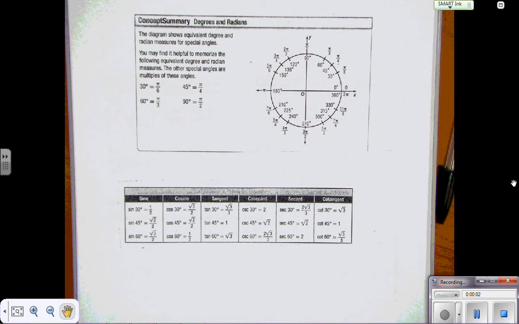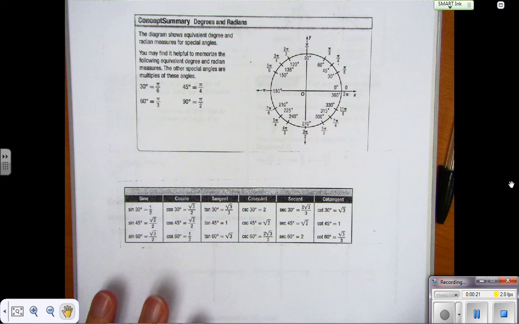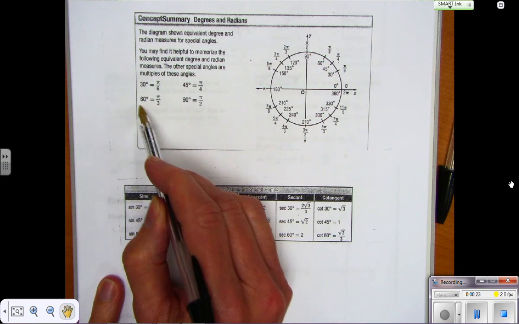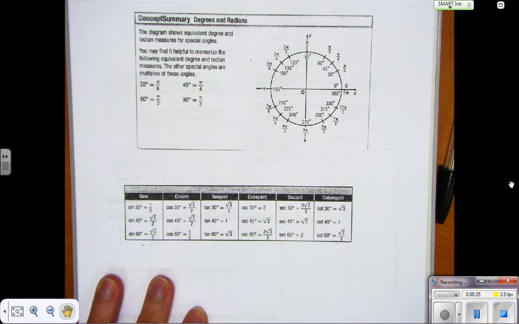So let's start out looking at the reference sheet that I gave you with the unit circle on it and the table of sine, cosine, tangent ratios. The diagram shows equivalent degrees and radian measures for special angles that you're going to be using a lot in trig. The ones you'll use the most are 30, 45, 60, 90.